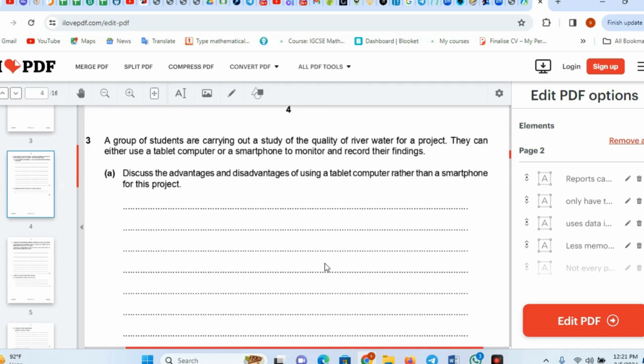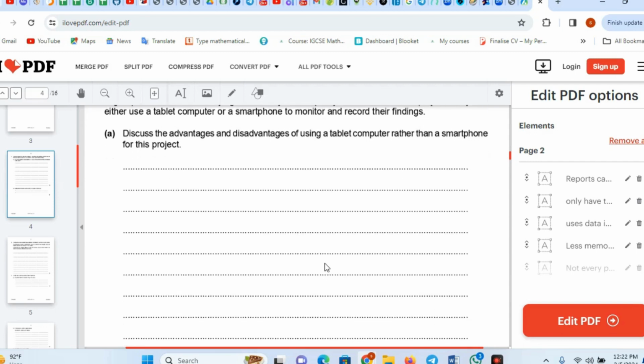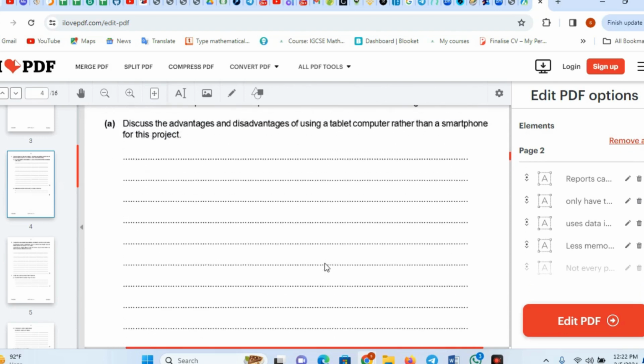All right, so the question says, discuss the advantages and disadvantages of using a tablet computer rather than a smartphone for this project. That is, if we use a tablet instead of a smartphone, what are the advantages and what are the disadvantages?